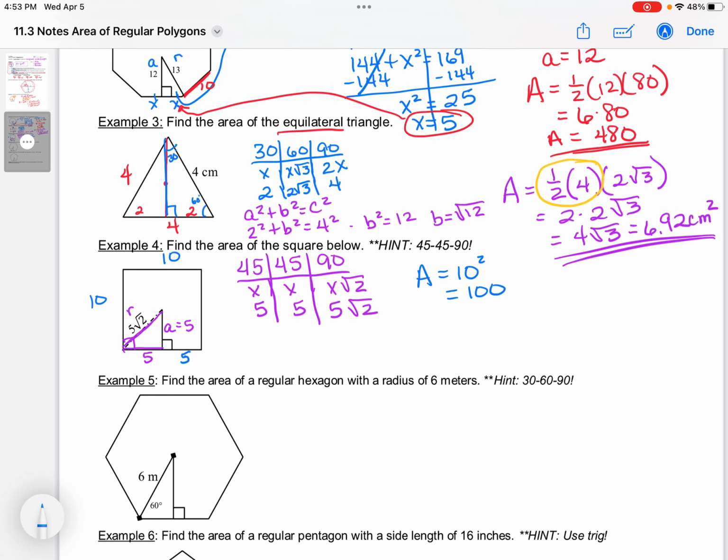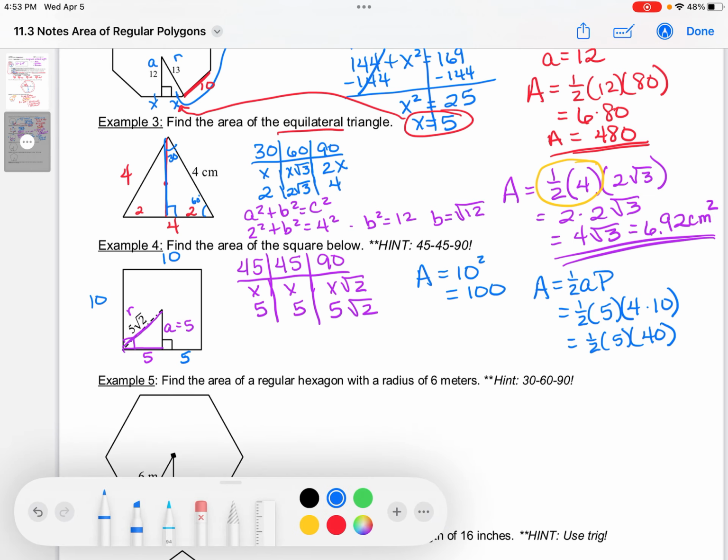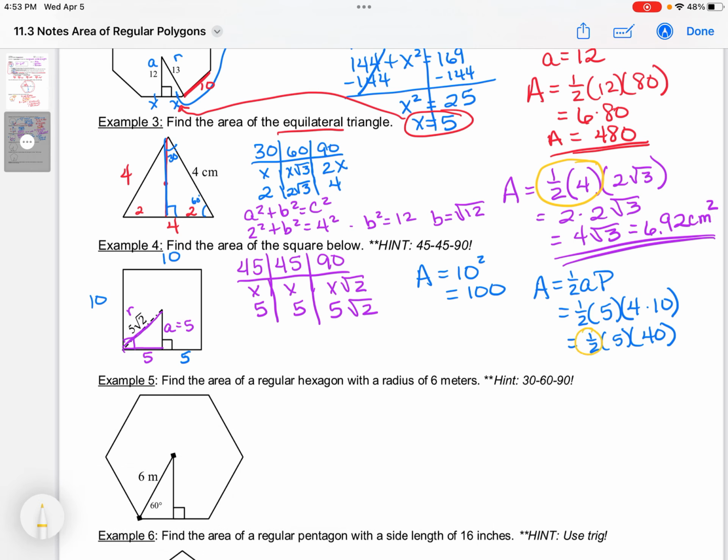If you wanted to use 1/2 the perimeter, let's just see if that works. If we use 1/2 perimeter, then we have 1/2. We know the apothem is 5, and the perimeter is going to be 4 times 10. So we would have 1/2 times 5 times 40.